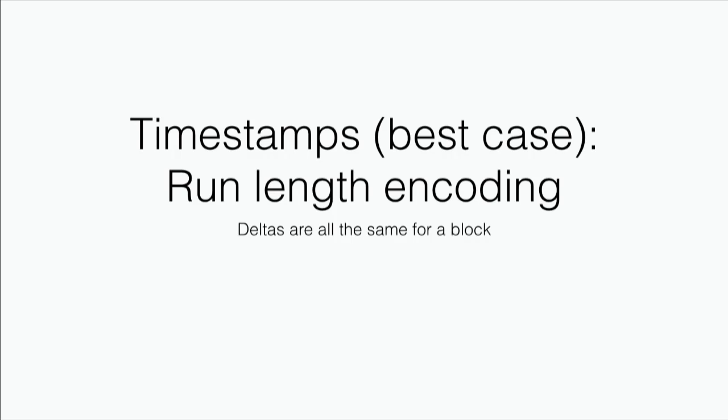Say you're sampling it once every 10 seconds. So second precision is all you need. It's every 10 seconds, so you can encode it with the beginning timestamp and 10, which is the delta, and you just use a varint for that. So essentially, you can encode 1,000 timestamps in 9 bytes.